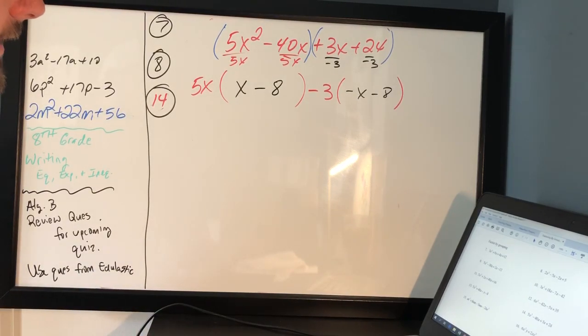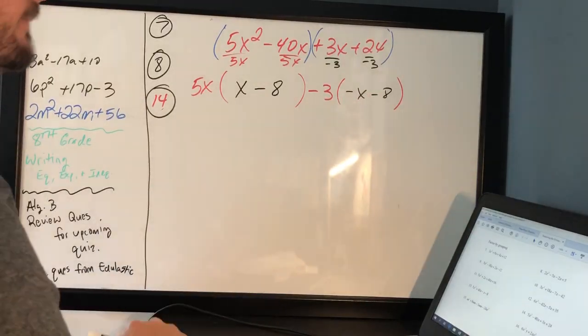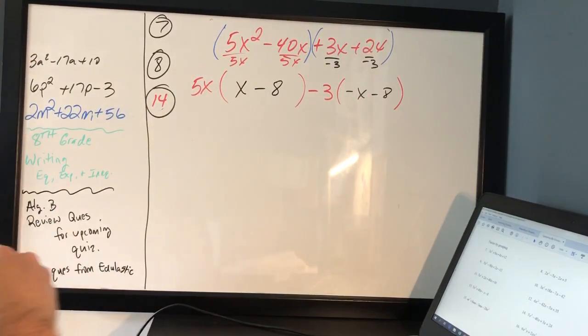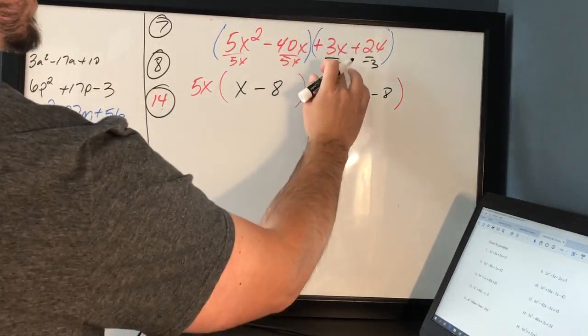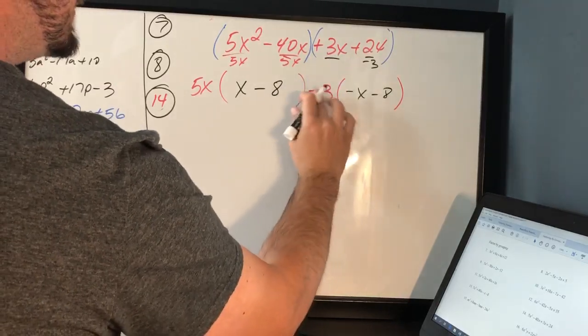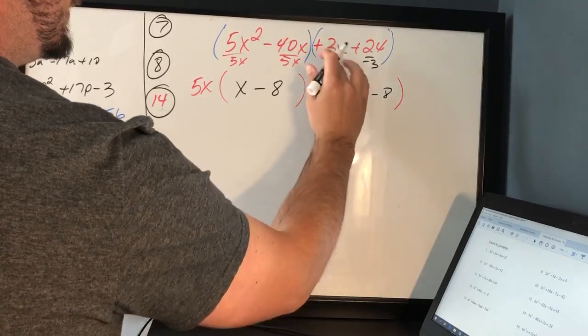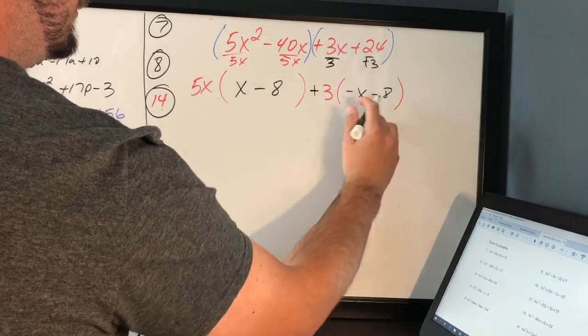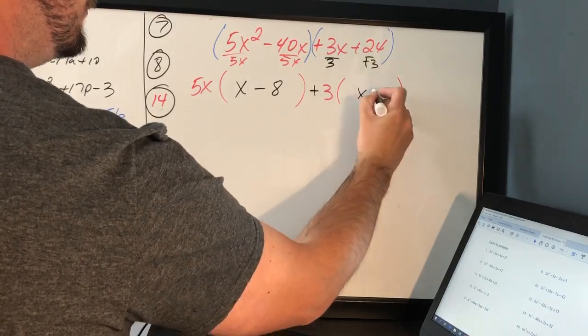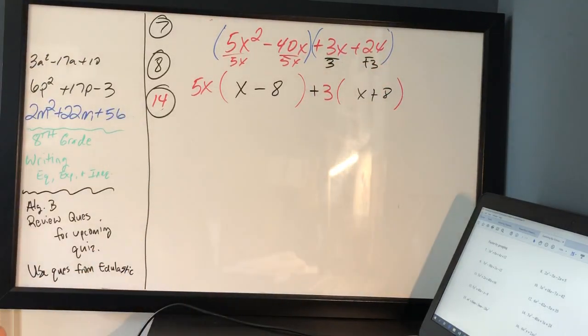Well, that didn't work, did it? That didn't give us the same thing, correct? Okay, let's go back and see if we factor out a 3, what works. So if we make this a positive 3 instead, right? We would get x plus 8. Well, does that match here? Nope, it doesn't.